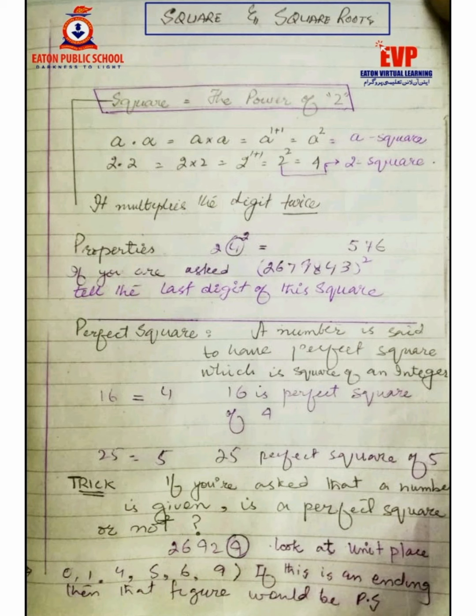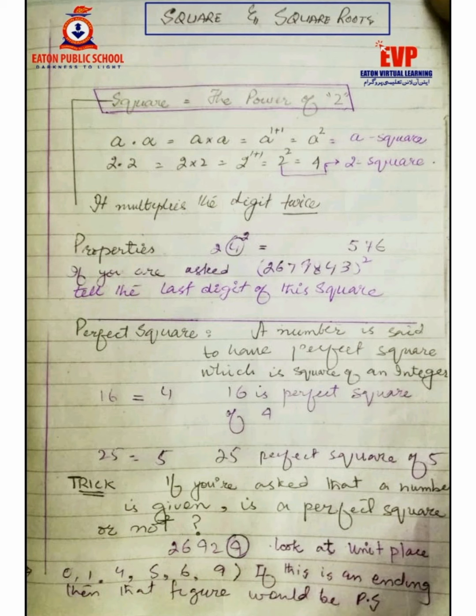Like for example, if a big number is given to you, and the question is asking you whether this number is a perfect square, how do you know? Then we look at the unit place of the number, the last digit.